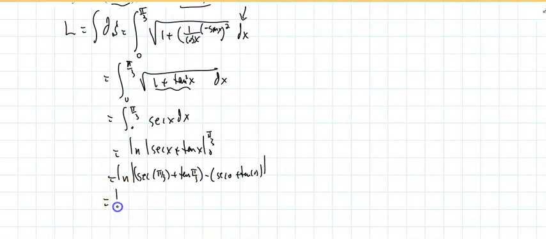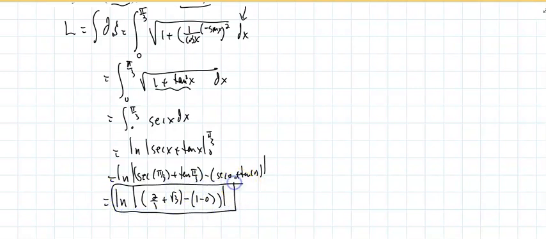And that turns out to be natural log of two over 1 plus radical 3 minus, this is 1 minus 0. And on my test, that's all you need. Once you plug the values in, you really don't have to simplify that.